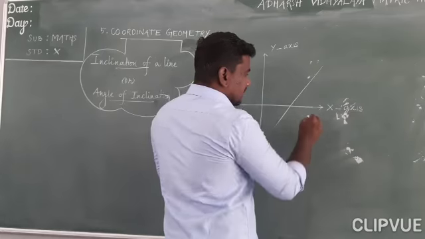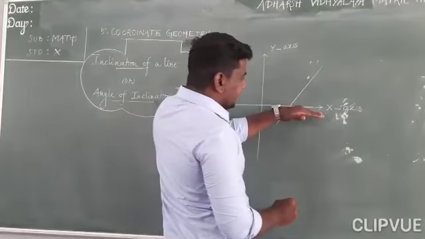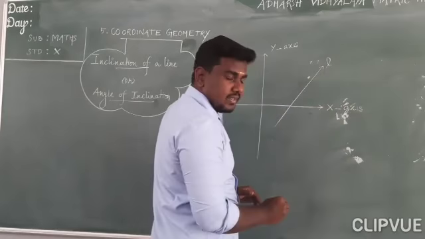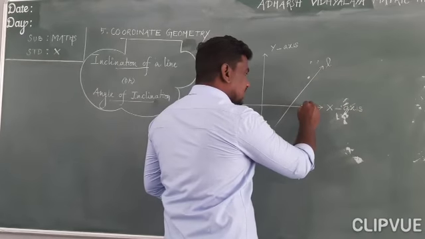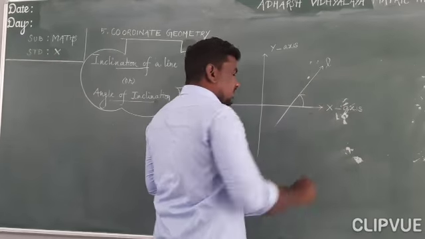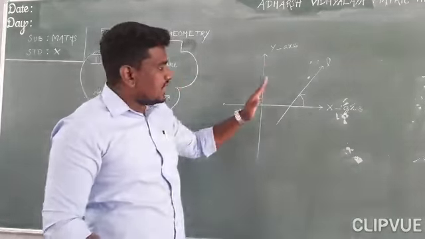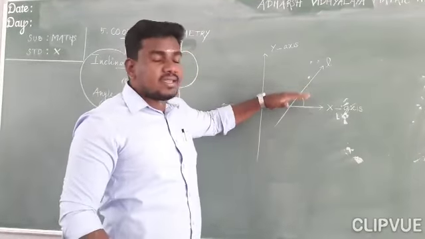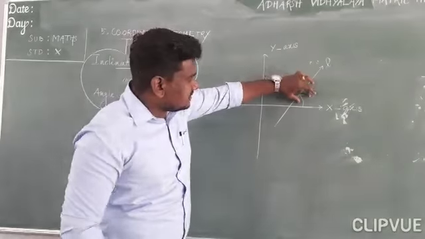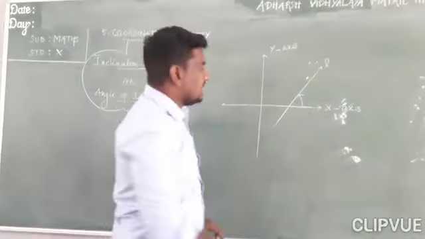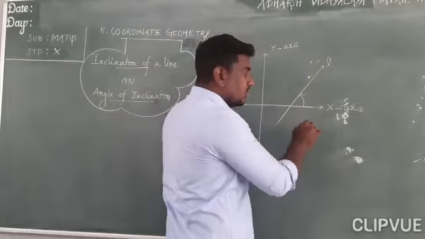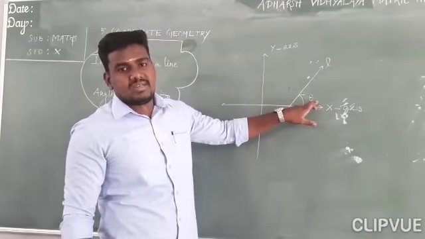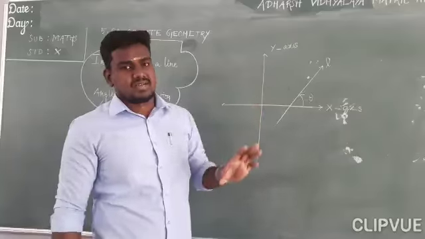This is a line L. The angle between the x-axis and the straight line, measured in the positive direction, that means anti-clockwise and above the x-axis, is called the angle of inclination. This is usually denoted by theta. So this is called the angle of inclination or inclination of a straight line.